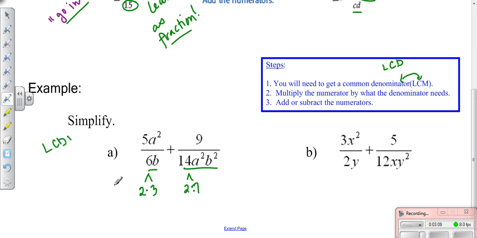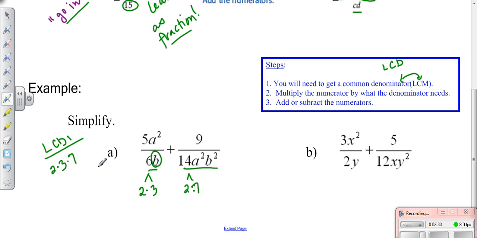If I look at the factors, I need both the factors of 6. So 6 will go into it. In order for 14 to go into this new number I'm building, I need both the factors of 14. So I need a factor of 2. Oh, I already have one. I need a factor of 7. I don't have one, so I'm going to multiply one of them in.